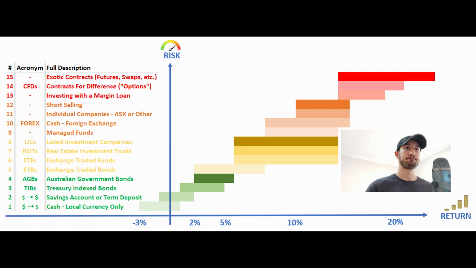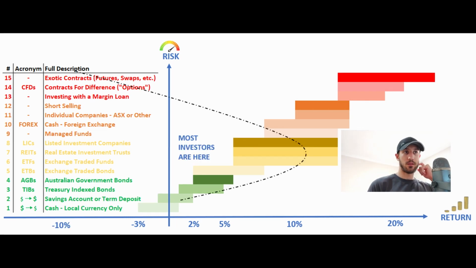Now, having said that, let's turn our attention away from this theoretical risk-return chart to what usually happens. If we look at this graphic that I've overlaid here, this dotted line is basically the expected returns for most investors.